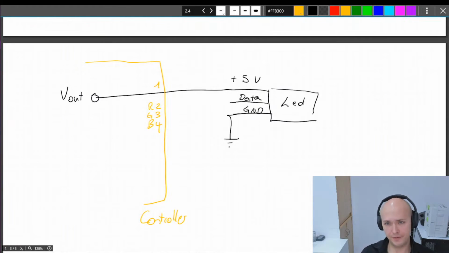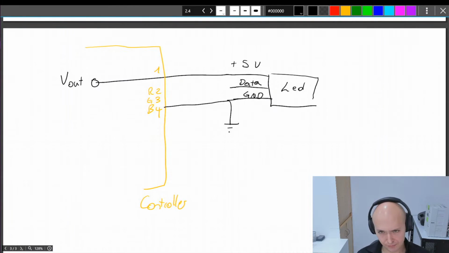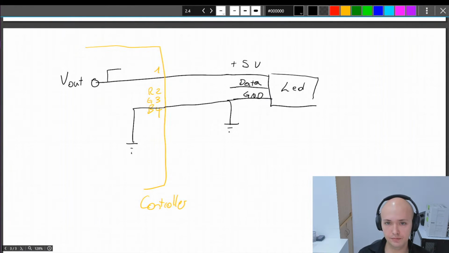The way the 12 volt strips work is that you connect either the R or the G or the B pin to ground to get the desired color. So we could use one of these RGB pins to simply connect inside to ground, and we could use another of those pins with a high side switch. So we'll draw it very simplistically again.